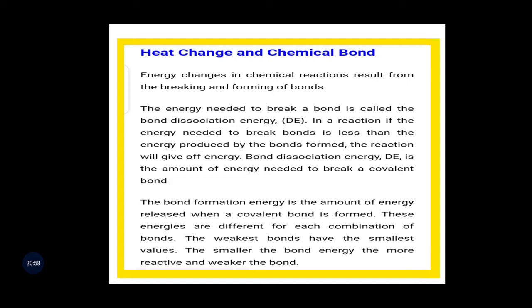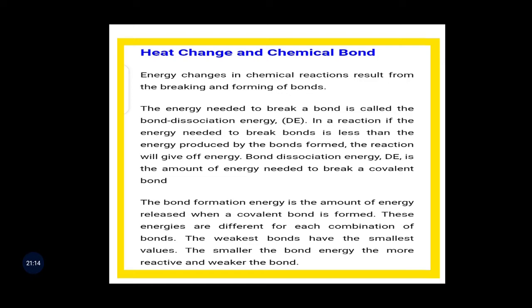Bond will be broken in reactant side, while bond will be formed in the product side. So when you are breaking the bond in the reactant side, what you are doing is dissociation.